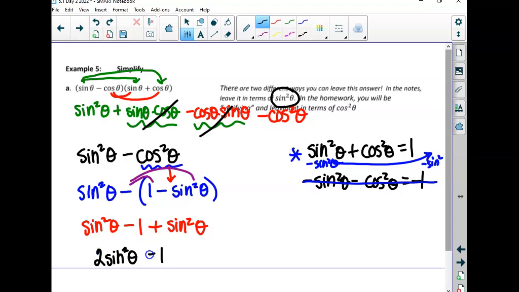Now, if you have your peach sheet out, this is actually very similar to something down in the double angles. Do you see down in the double angles? Way down there, we're going to do some of those next week.